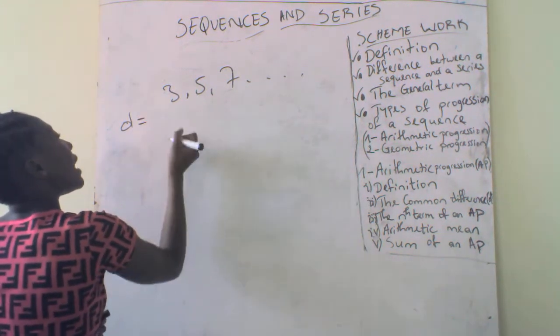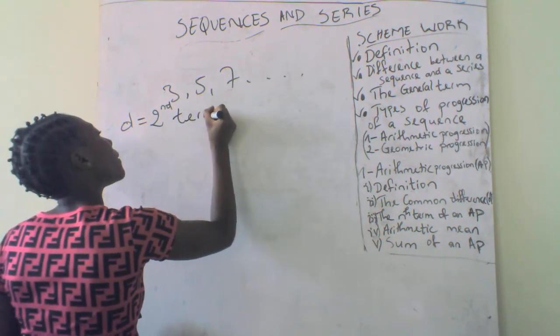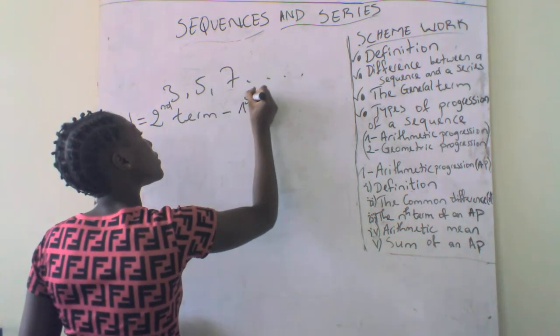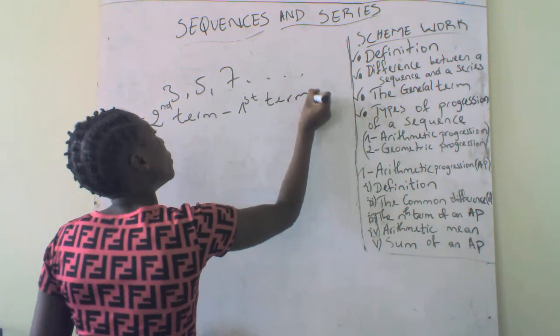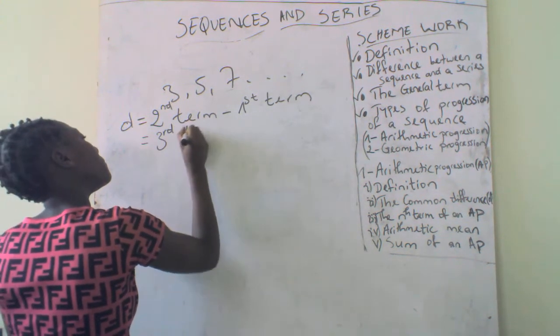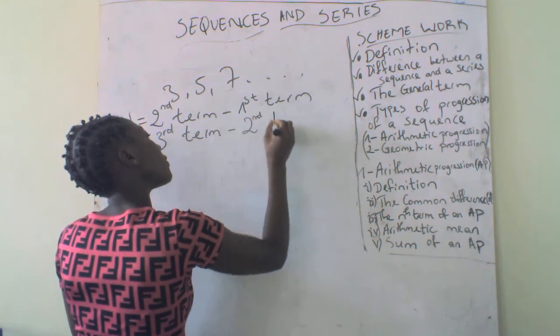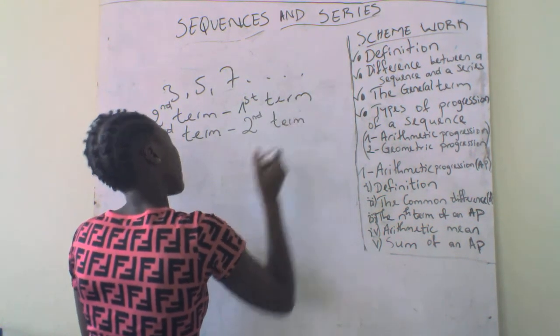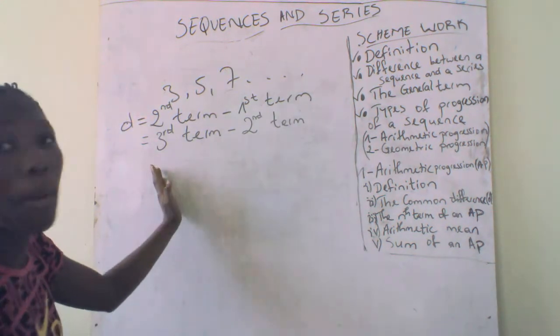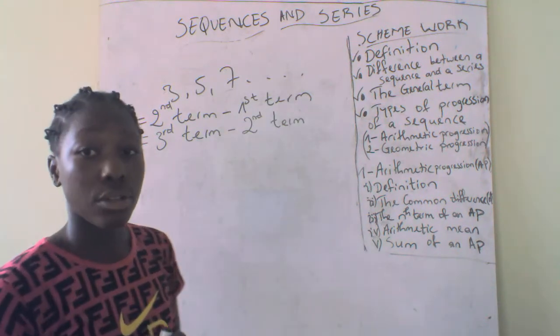This D is given as the second term minus the first term, which should also be equal to the third term minus the second term, or the fourth term minus the third term. It continues and so on.